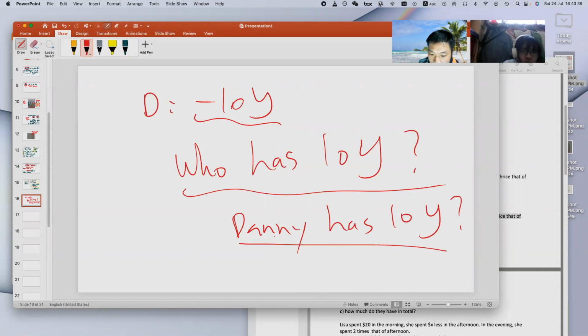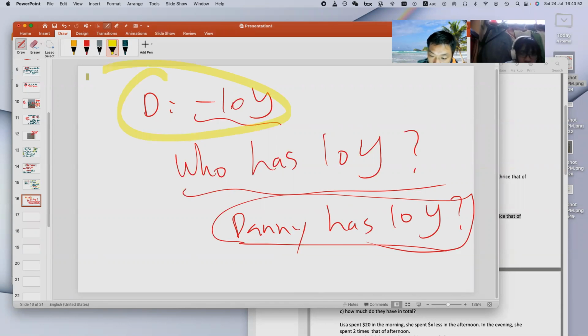Am I right to say this? No. Why not? According to this, Danny has what? Negative 10y.